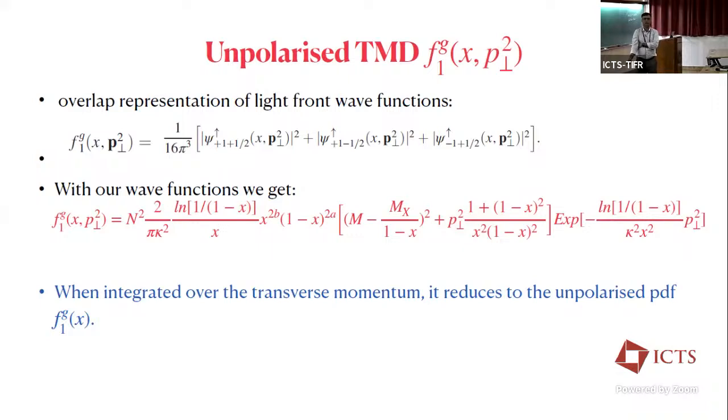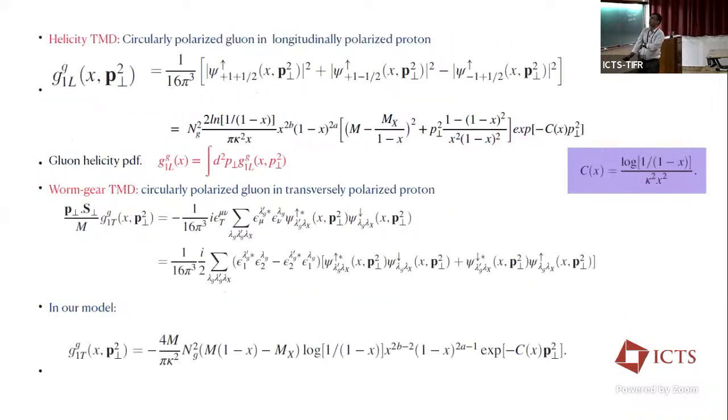Similarly, you can calculate the helicity TMD, which gives you circularly polarized gluon in a longitudinally polarized proton. Again, you can use the light cone overlap representation to extract that function, and when we integrate over the transverse momentum, it goes to the helicity PDF.